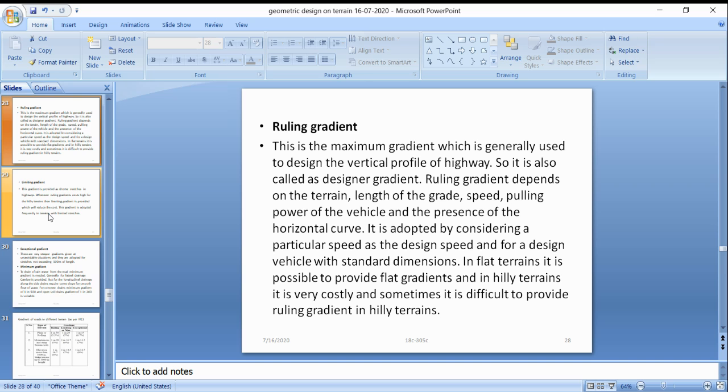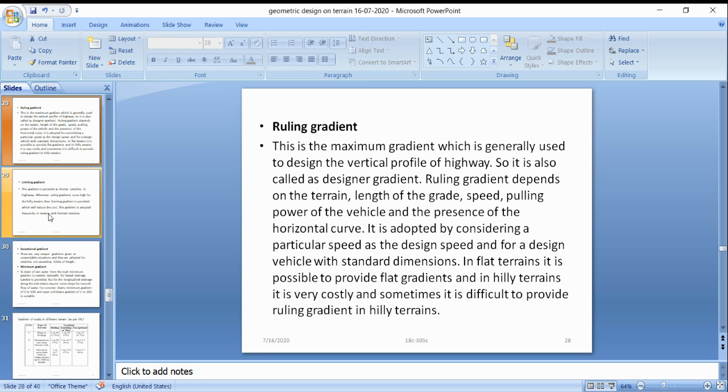In this we can see it is for the flat terrain, a ruling gradient where we provide. The ruling gradient generally adopted is 2% for the aesthetic.